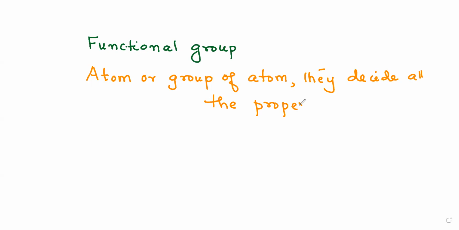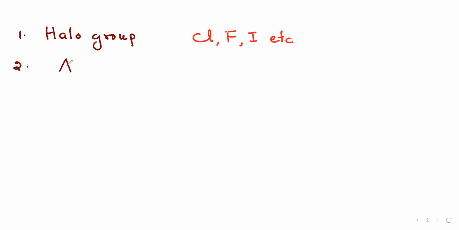Now, the major functional groups we need to be thorough with. First type of group, we call the halo groups. That means any halogen can come, for example chlorine, fluorine, iodine, etc. The second group is the alcohol group.